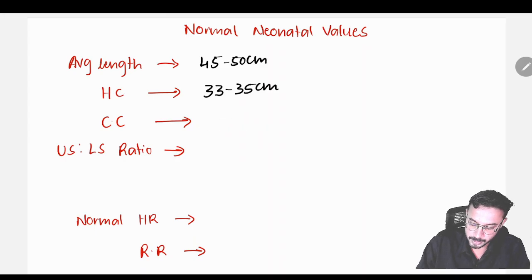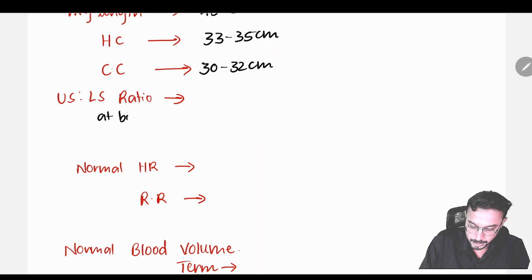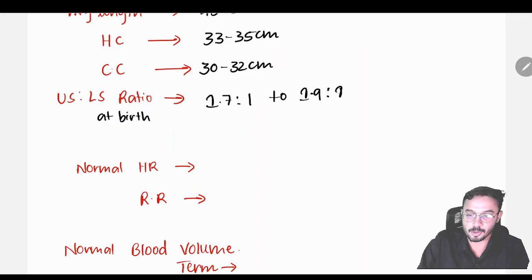The upper segment to lower segment ratio at birth: upper segment is 1.7 to 1 and lower segment is 1.9 to 1. These are the ratios.